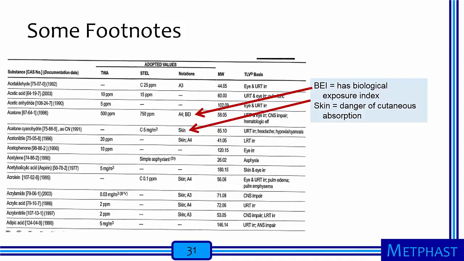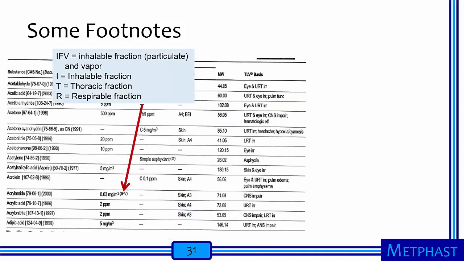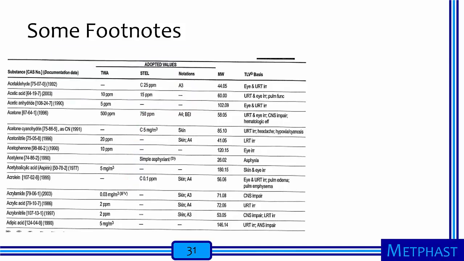Skin means that there is danger of cutaneous absorption or dermal absorption. C means that the value is a ceiling limit. IFV means that the value is for inhalable fraction and vapor. I means inhalable, T means thoracic, and R means respirable. And we'll talk more about that in the sampling lecture.